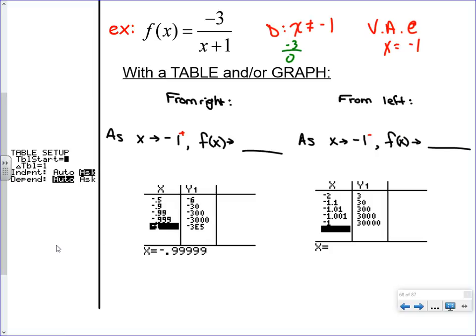No. Wait, did they plug in -1? Nope. But your calculator can only fit in so many digits. They didn't put in -1. They put in negative 0.99999. But what the calculator had to do to fit it in, it rounded. So it shows negative 1, but it's not truly negative 1.